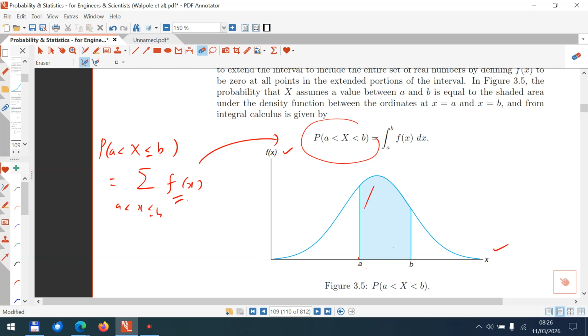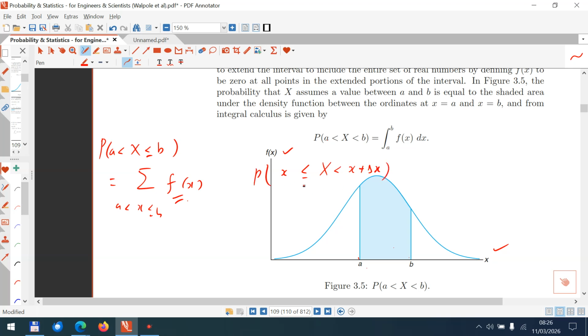Now the question we need to ask here, two questions, and you can actually recover the meaning of small f from here. How should I choose a and b so that I don't see this integral? Let's choose this as x, and let's choose this x plus delta x, right?